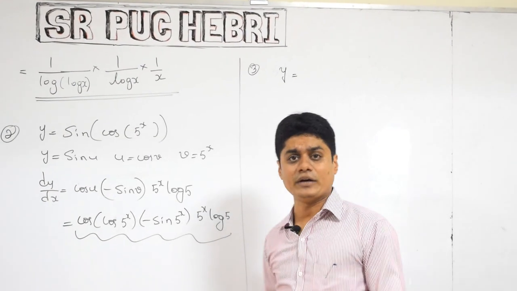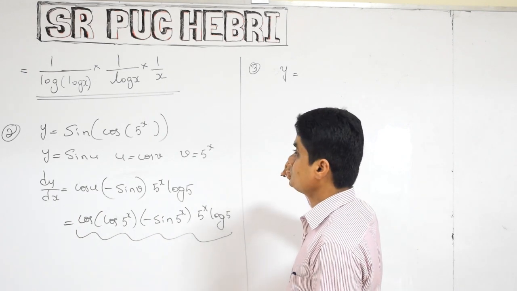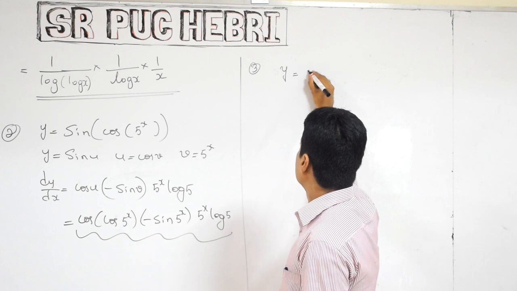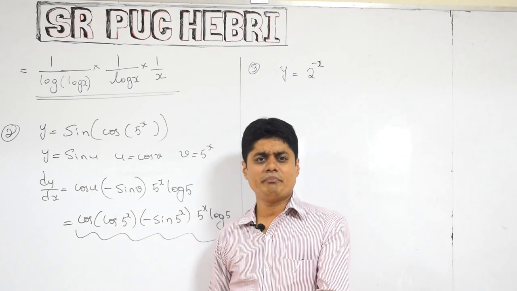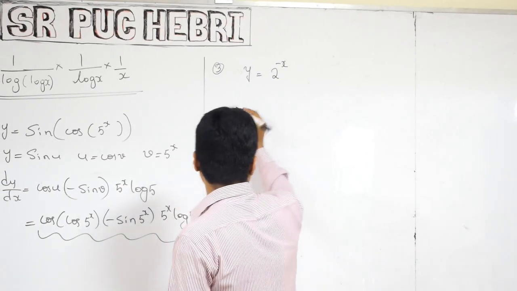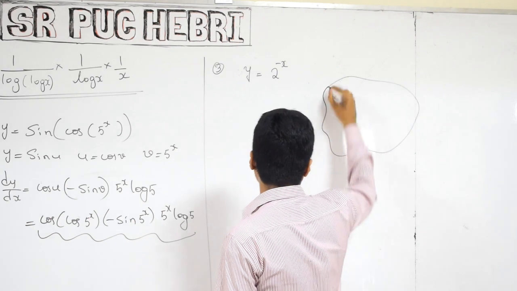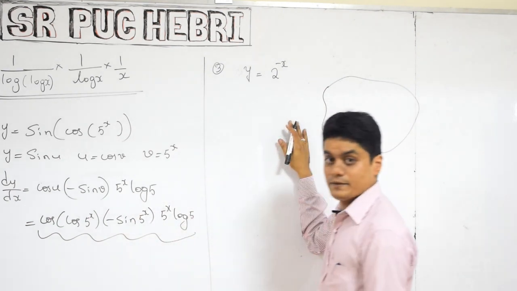See this, here sometimes you may find it difficult to identify which functions are combined. For example, 2 power minus x. Sometimes you may not be able to identify that this is a composite function because I'm writing a wrong answer. Don't copy this. It is just an explanation of what type of mistake you will make.